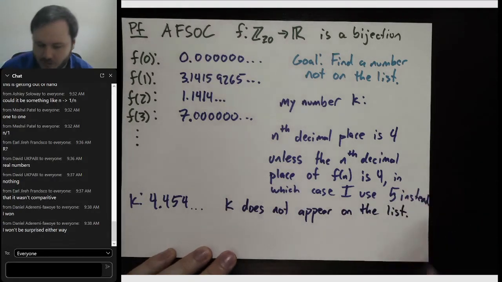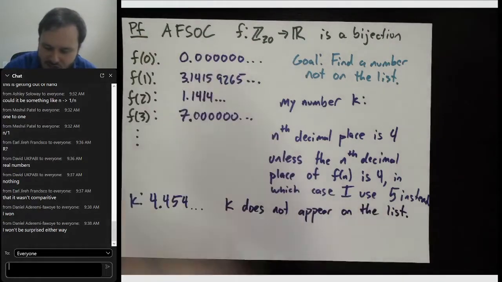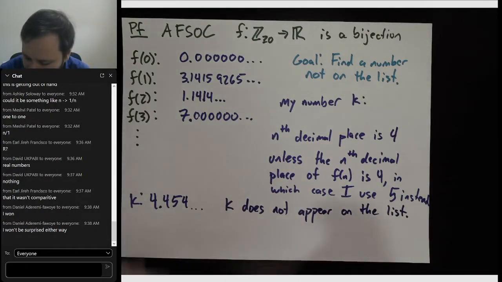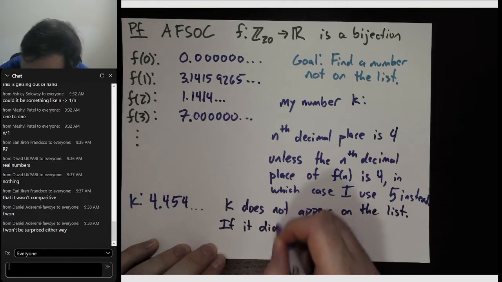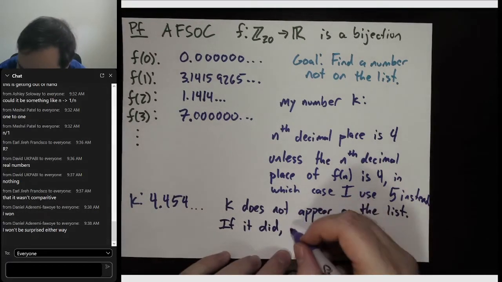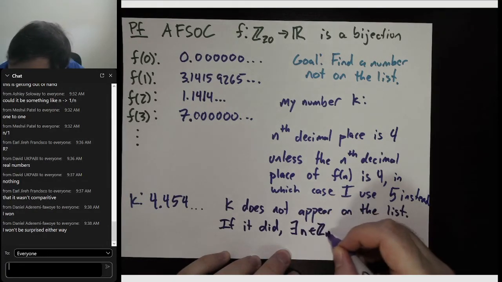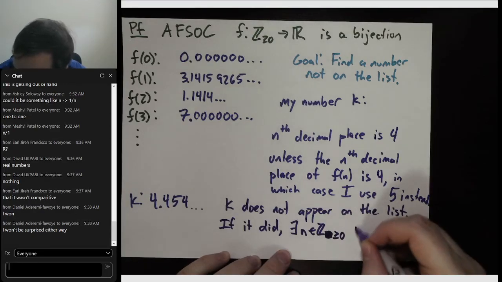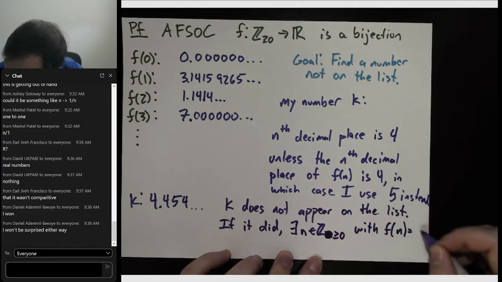It can't appear on the list. If it did, which position is it? If it did, then there would exist some integer n on my list with f of n equal to k.